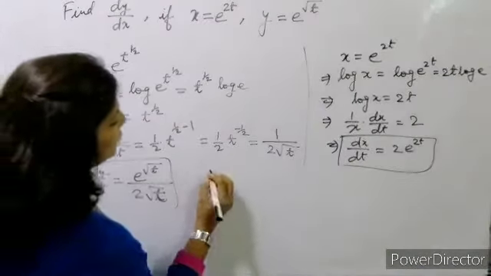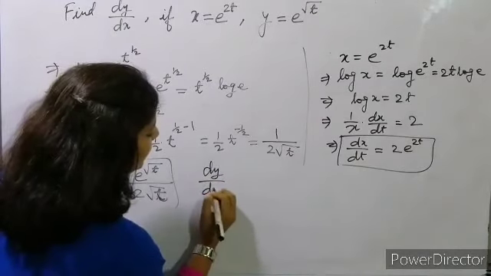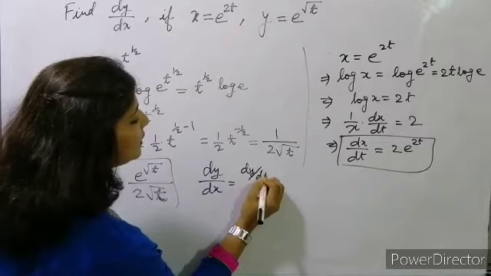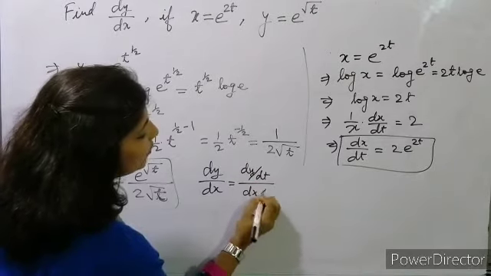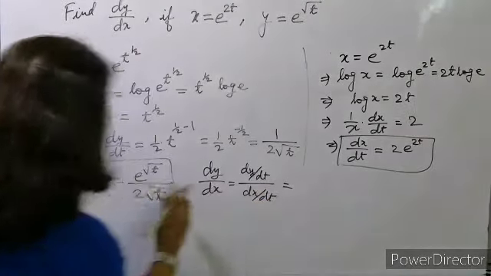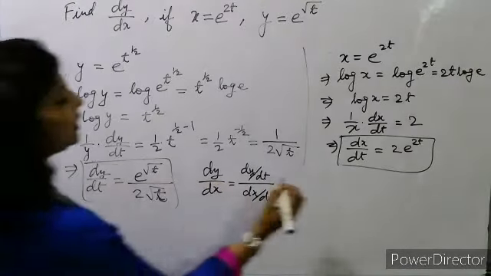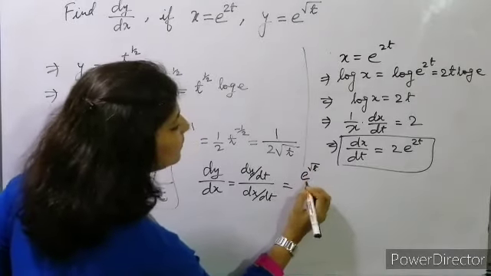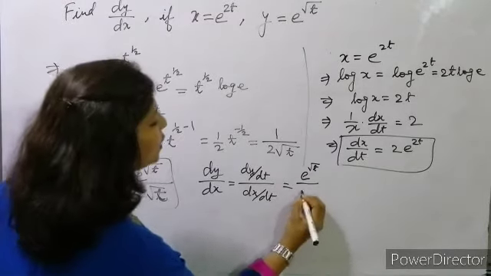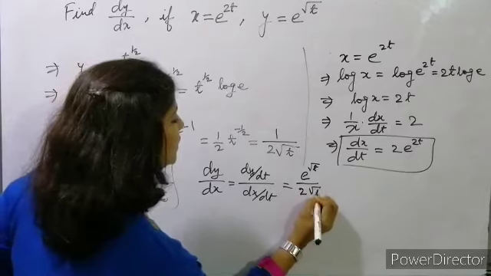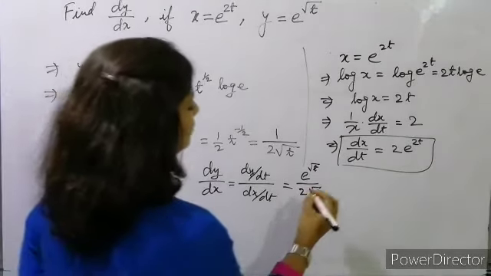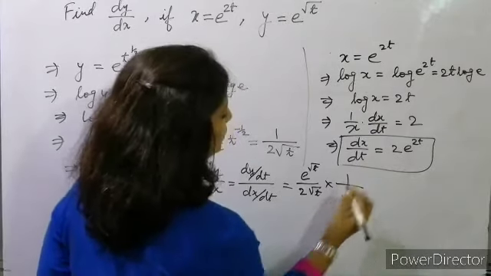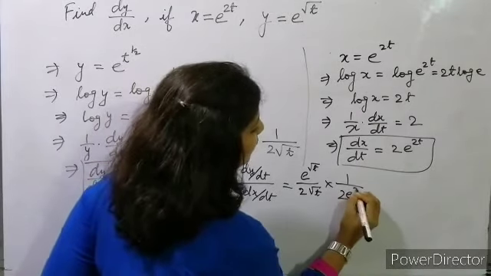Now we have to find out the value of dy upon dx. So it will be dy upon dt divided by dx upon dt. dy upon dt is this one, e to the power square root of t divided by 2 root t, multiplied by 1 upon this one, 2 e to the power 2t.